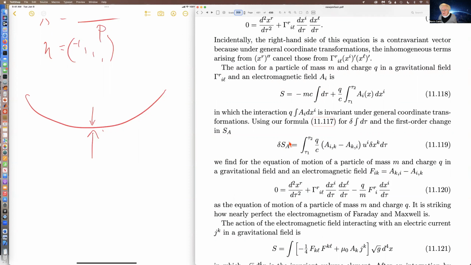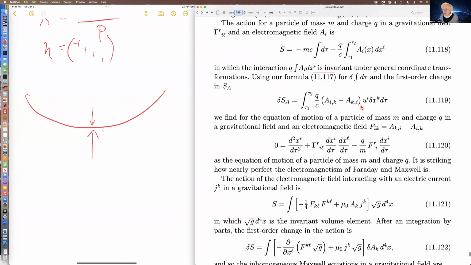And when we ask how this part of the action changes, well, it's the derivative of AI with respect to xk times the change in xk, and then we also have, and what is dxi? Well, we can write dxi as ui dτ. So that's what I've done there. And so we get this expression here.